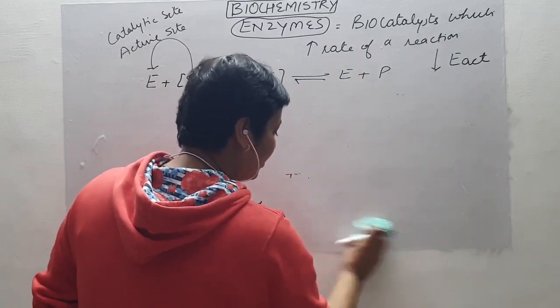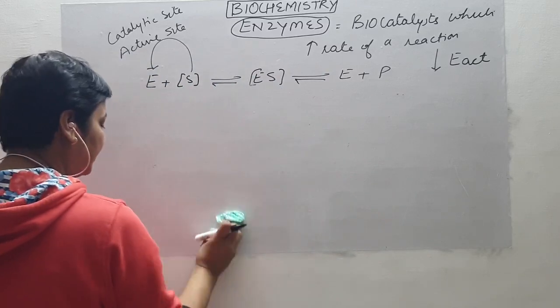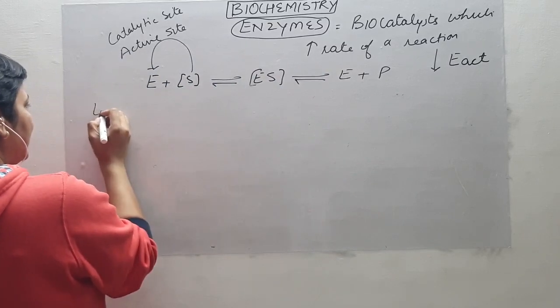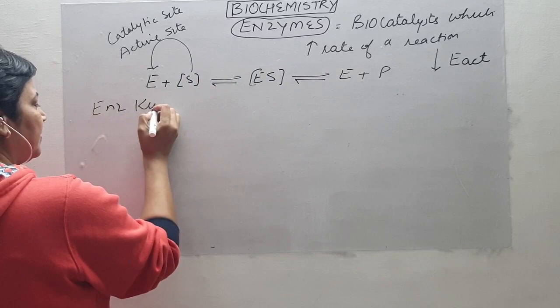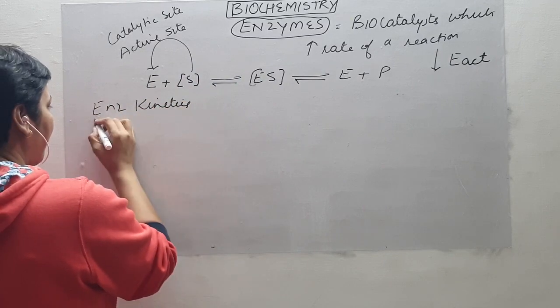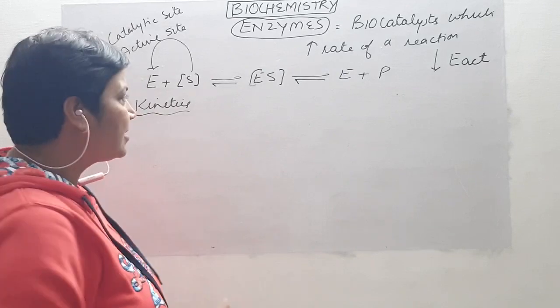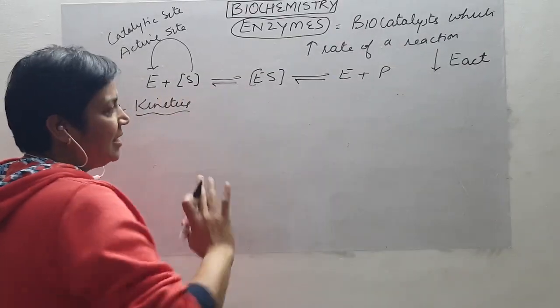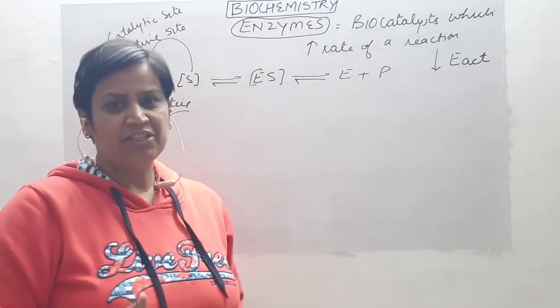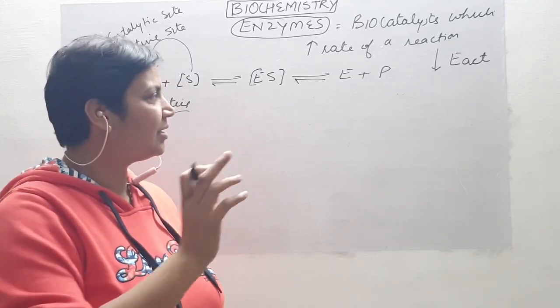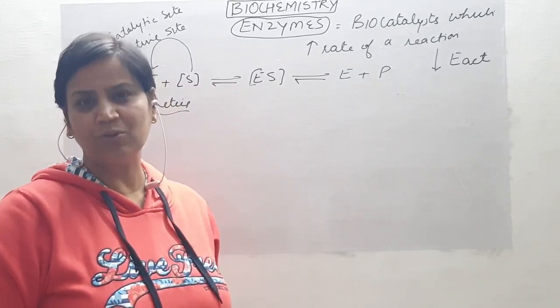Again, very, very important. Kinetics means, as the name suggests, how a reaction is occurring. Because when a reaction is occurring, we have to concentrate on the amount of the product which is produced.